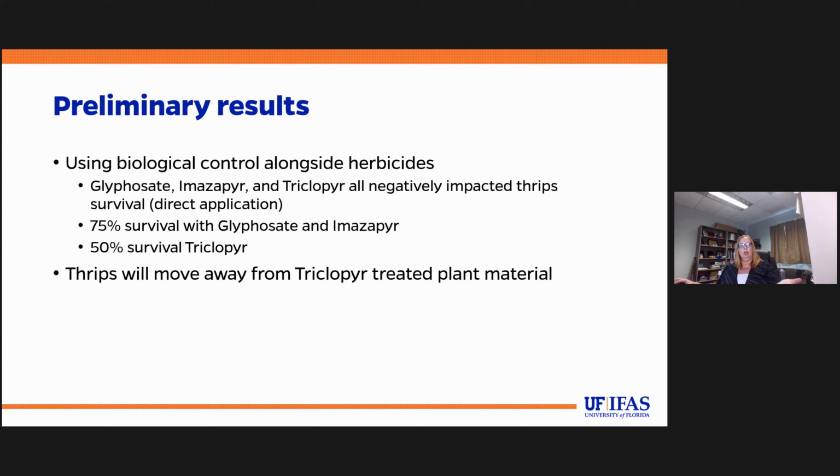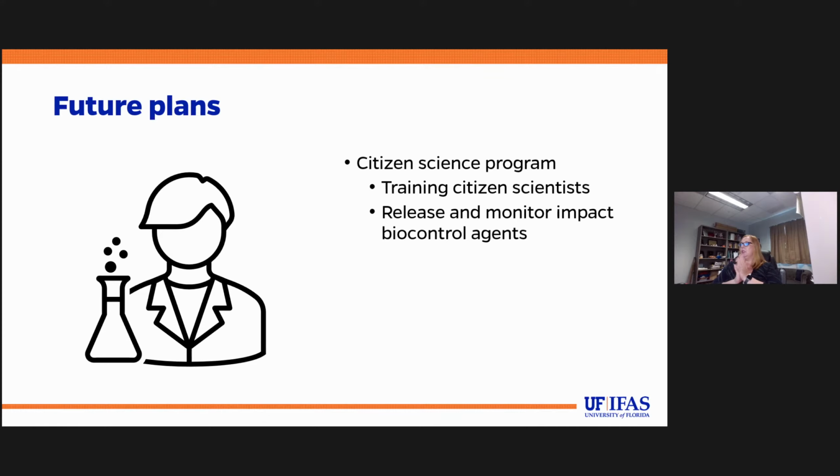And so that's good news. I have a graduate student that's working on this project, and she is about to take this to the field level to be able to see precisely what happens when you do this on a large scale. We also have future plans to start a citizen science program. So keep an eye out on this.